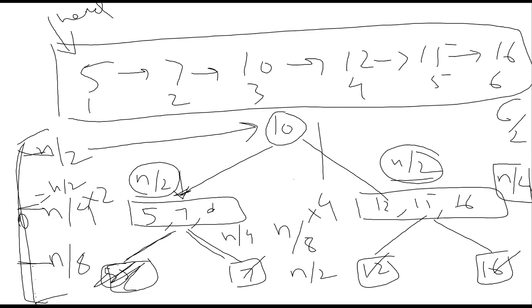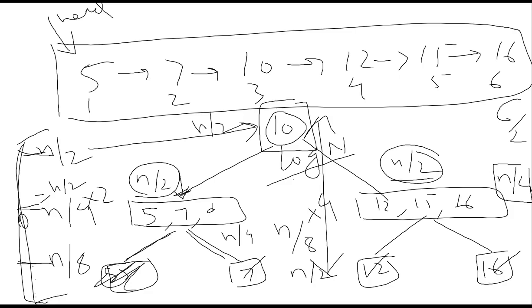And we know the height of this one will be log n. Even after splitting it into multiple branches, we are doing n by 2 calculations at each level. This is what you are implying. So at first level, when we know the length is 6, to find the middle, we have to traverse n by 2 elements, right?